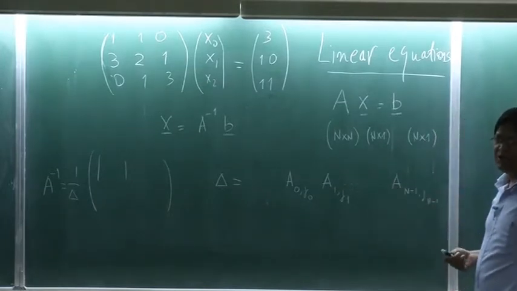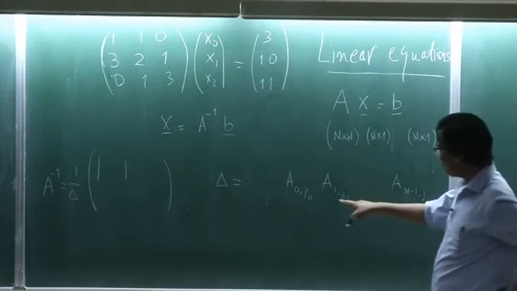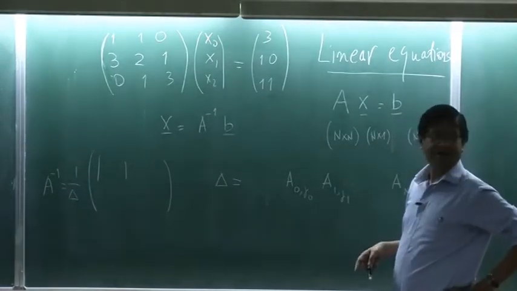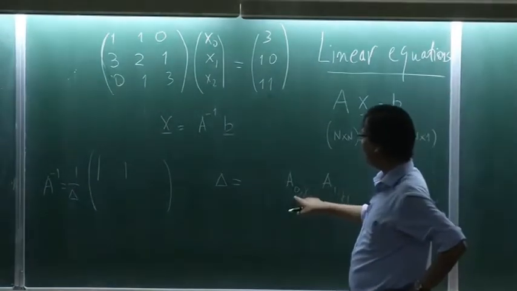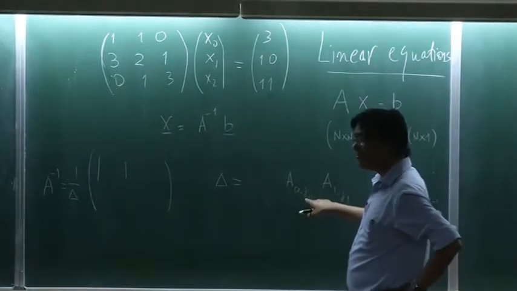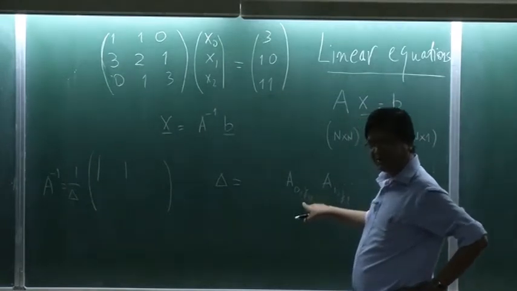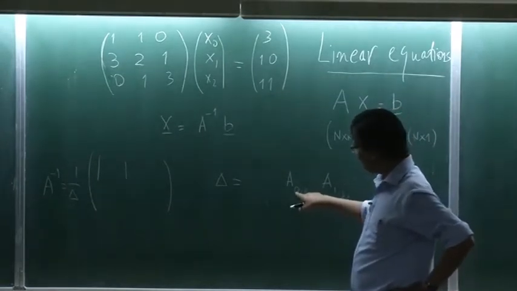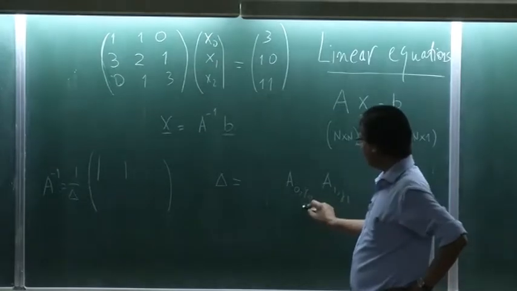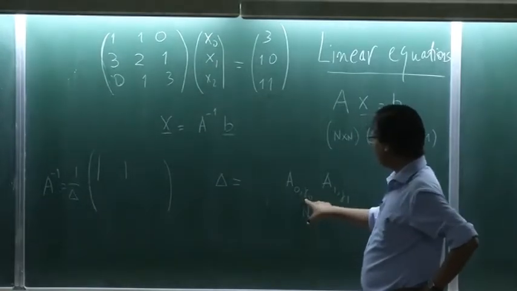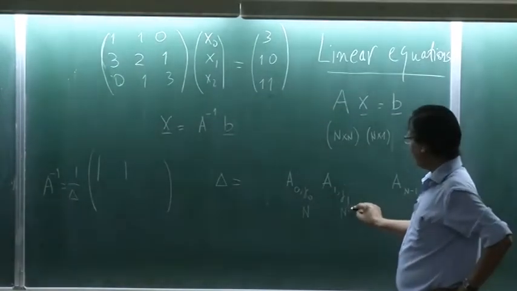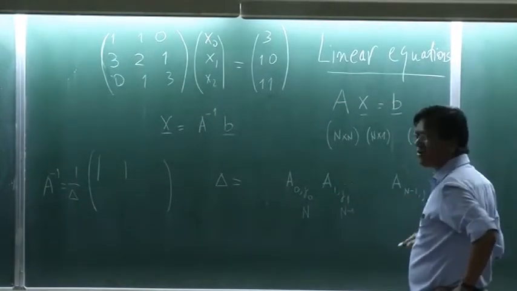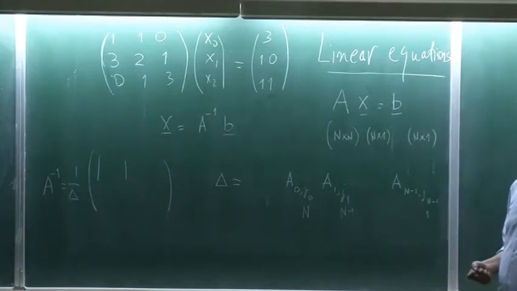Now, how many J's do I have? How many combinations will I have? So, n factorial, because this can be any number, it could be 0 as well. J0 can be 0. So, this is n options, but once I choose this, it has only n minus 1 options, and so on, and the last one you have no option, because it will be fixed.